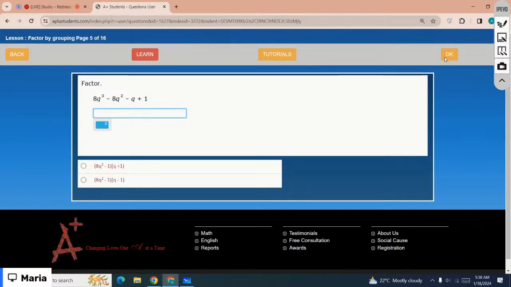Factor 8q cubed minus 8q squared minus q plus 1. Which is the correct option?